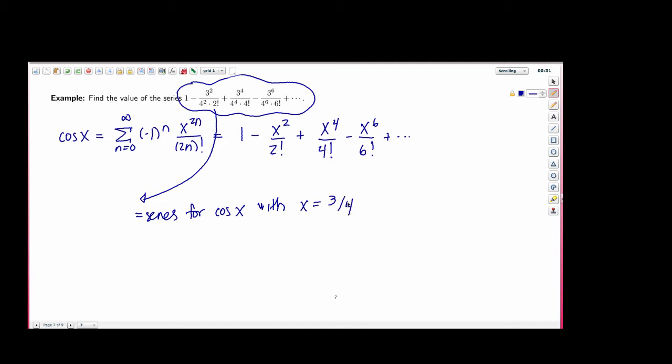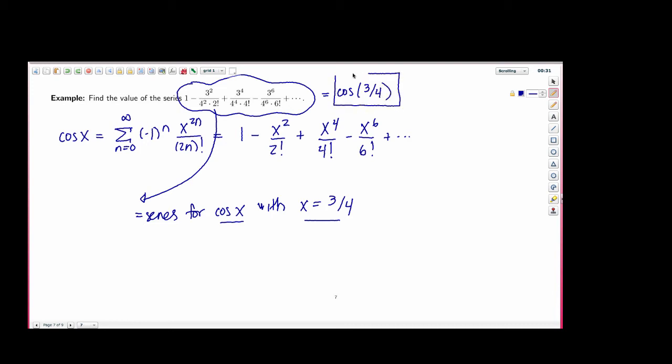So we have 1 minus 3/4 squared, so 3 squared over 4 squared times 2 factorial, plus 3/4 to the 4th, so 3 to the 4th over 4 to the 4th times 4 factorial, etc. So this entire series is our series for cosine with x equals 3/4, so this is just equal to the cosine of 3/4.